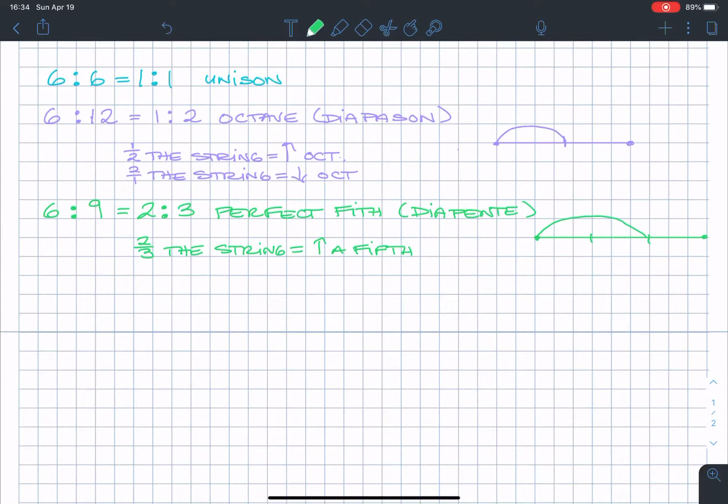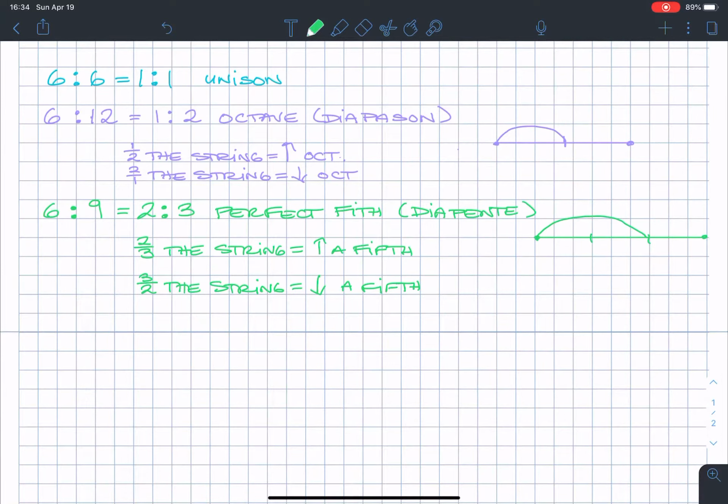Whereas if I have 3/2 the string, so it's longer now, it's 1.5 times as long, then the frequency goes down, so I go down a fifth. Okay, so I hope this is making sense to you guys.